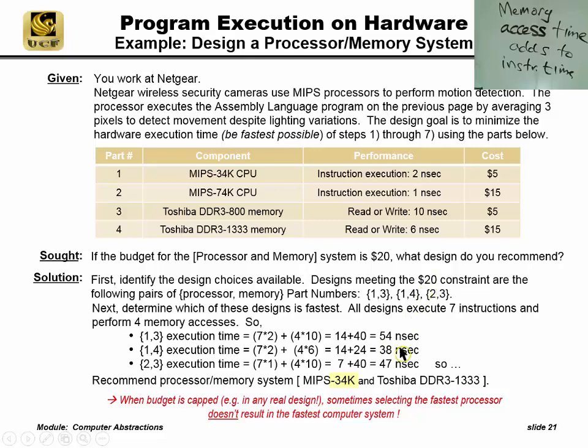You can see here that memory time is much larger in all the cases. Memory time is much larger than processing time. You're going to say, well, I just made up this example to make these numbers work. But in the real world, memory is about 10 times or more slower than the processor. And the point is that you need to know these types of relative speeds for the actual system that you're building to make good design decisions.